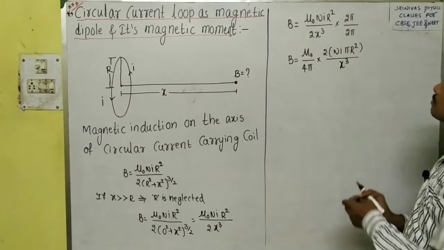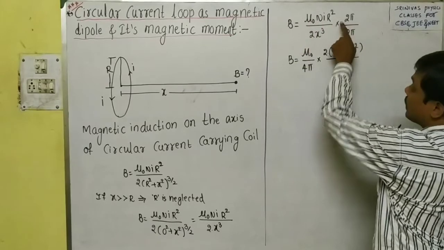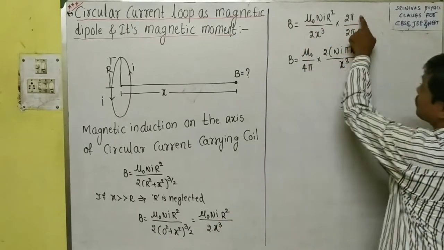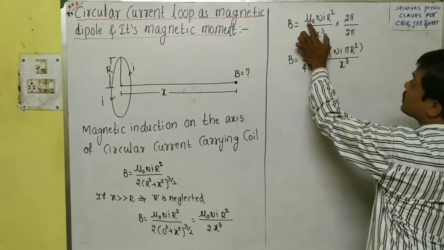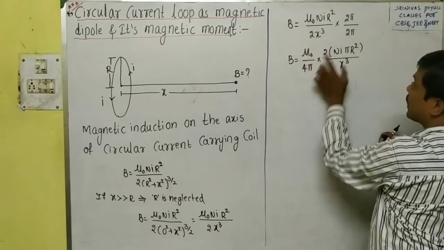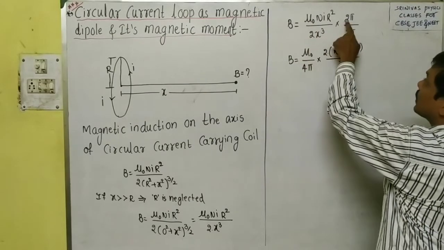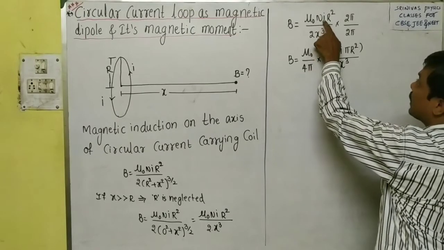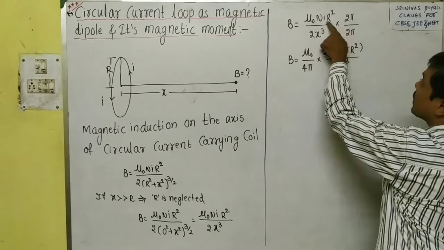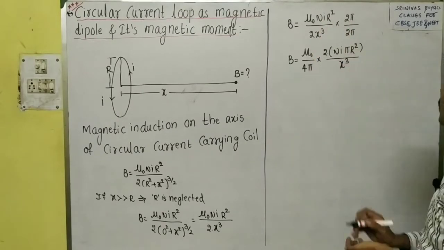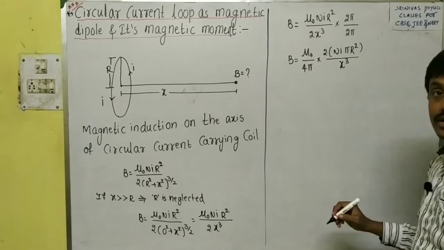It was a very simple step. I multiplied this equation with 2 pi and divided with 2 pi, so there is no problem. And mu naught by 2 into 2 pi I wrote as 4 pi, here 2 is there, N I, pi R square I wrote. But pi R square is what? Area, right?